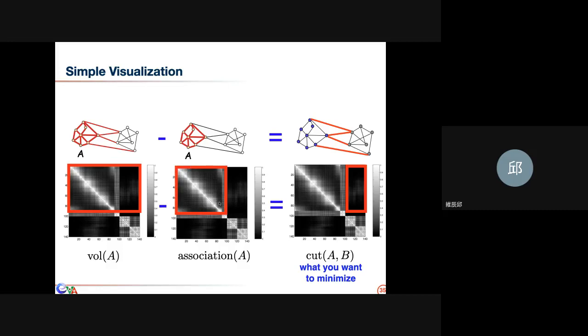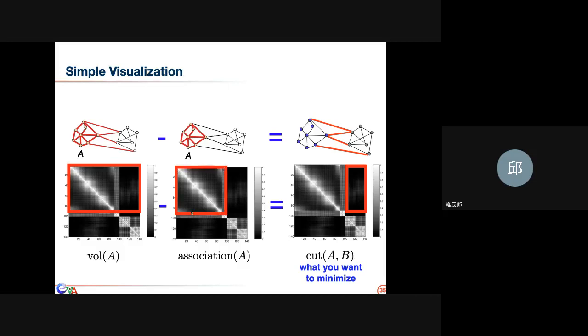It's just like a diagonal block, and for this block we name it the association of A, because all of this block is related to the set A. This is the so-called association of the set A. And actually, we can use another way to represent this part.